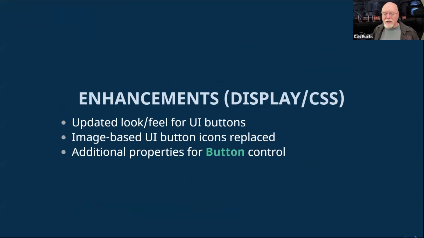Some enhancements, some updated look and feel for the UI buttons. You may have seen that. We're actually involved in a larger project to replace all of the UI buttons. There's a couple of things that we want to do. We want to get rid of the image-based icons on the buttons, and we want to provide an updated look and feel for those buttons.